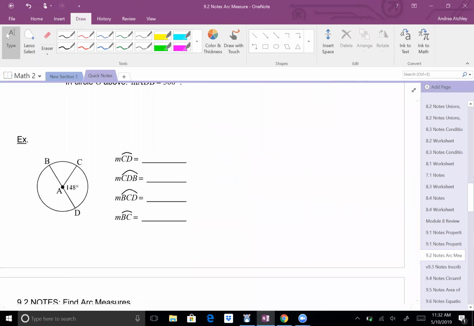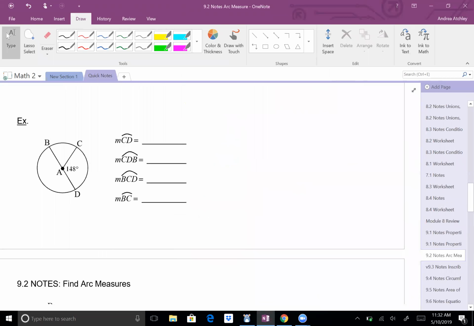So now we're going to do an example of these. Here we're asked to find the measure of arc CD. CD measures what?